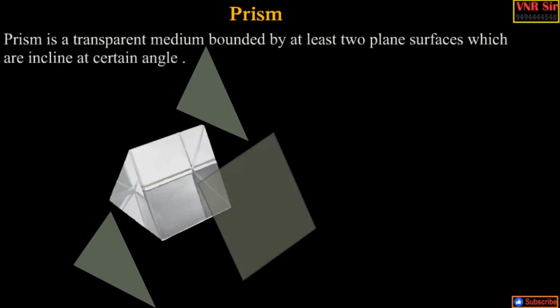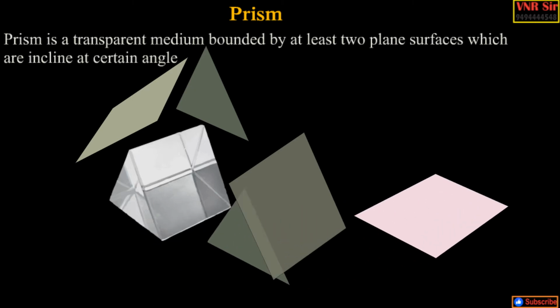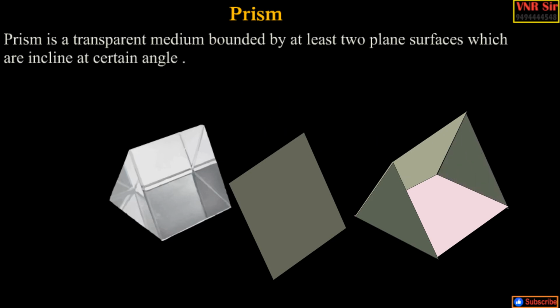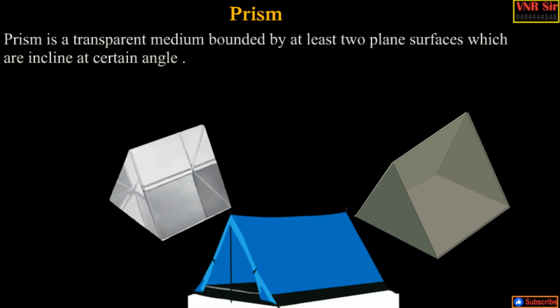Of these 5, 3 are rectangular surfaces and the other 2 are triangular surfaces. The combination of these 5 surfaces we call a prism. It looks like a tent house we generally see, isn't it?